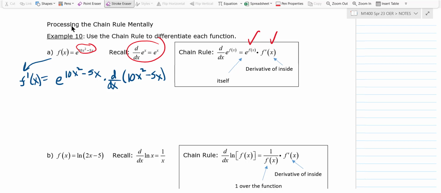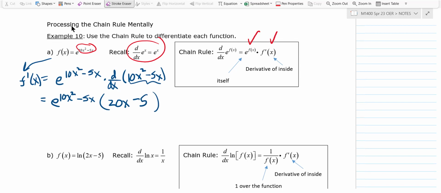You don't have to necessarily write that step out. But I want you to process it by just thinking itself times derivative of what's inside. Okay? So the final answer of this problem is going to be itself, e to the 10x squared minus 5x. And what's the derivative of the inside part? 20x minus 5. Problem done.